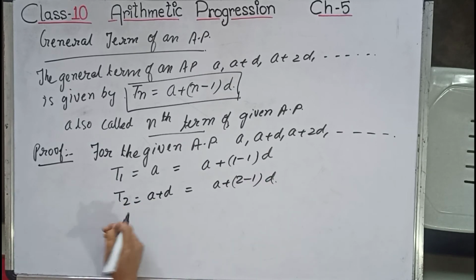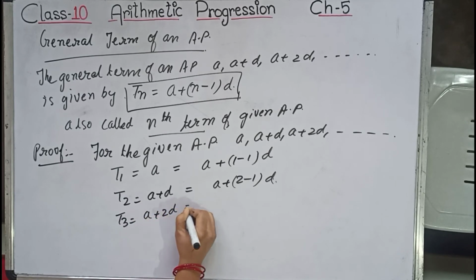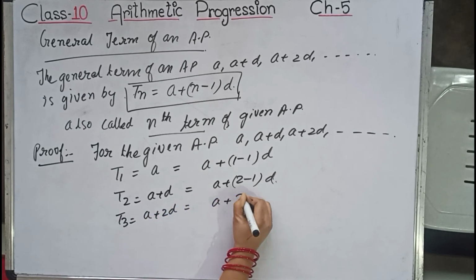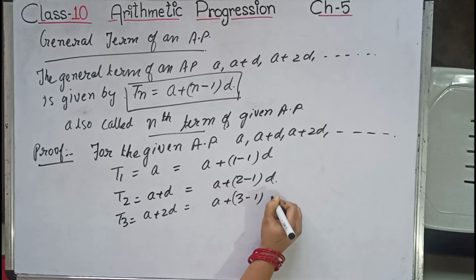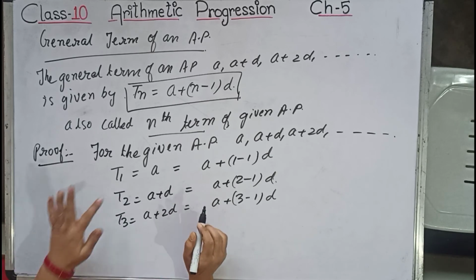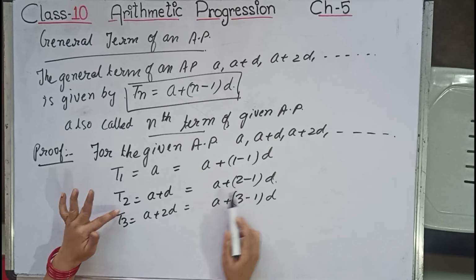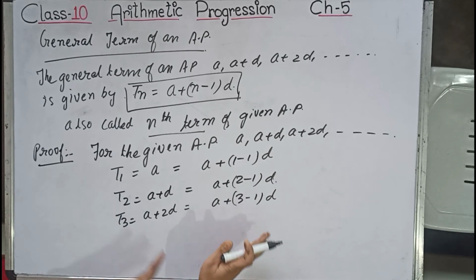And T3 equals a plus 2d. Now this also we can write as a plus 3 minus 1 into d. So why are we framing it this way? To set a pattern. You can see for T1 it is 1 minus 1, for T2 it is 2 minus 1, for T3 it is 3 minus 1 and so on.